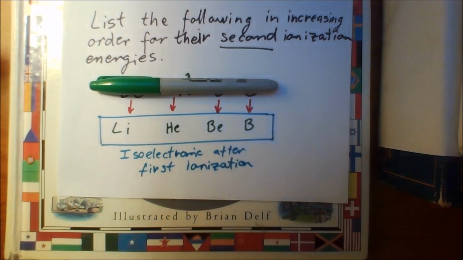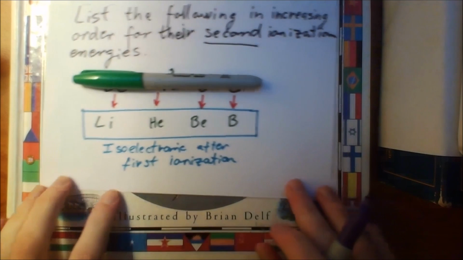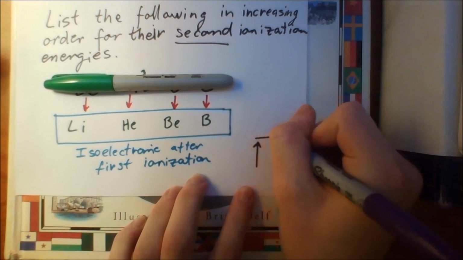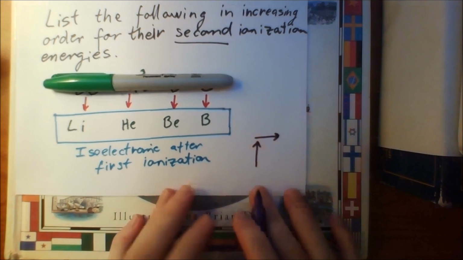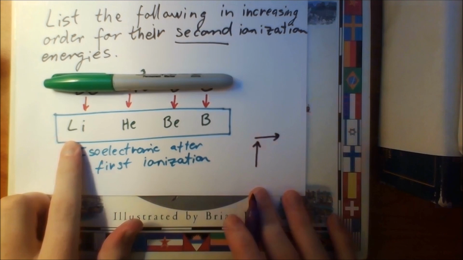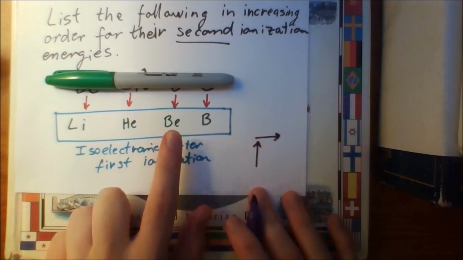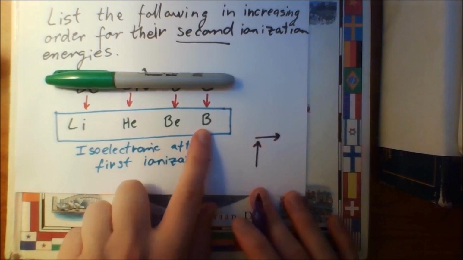Remember the trend for ionization energy on the periodic table is that it increases as we go up and to the right. Lithium on the periodic table is more to the left than beryllium, and beryllium is more to the left than boron.